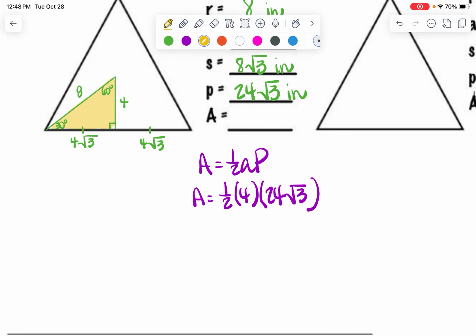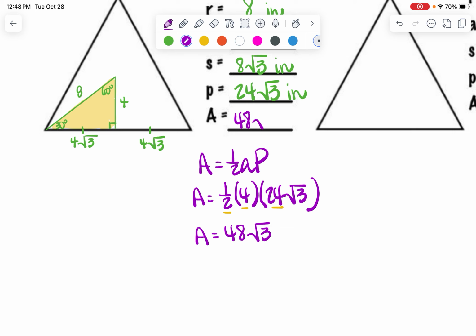So again, just leave the root 3 alone. You're just multiplying the 1/2 times the 4 times the 24. So half of 4 is 2. 2 times 24 is 48 root 3. So that would be my final area. And of course, that's square inches.